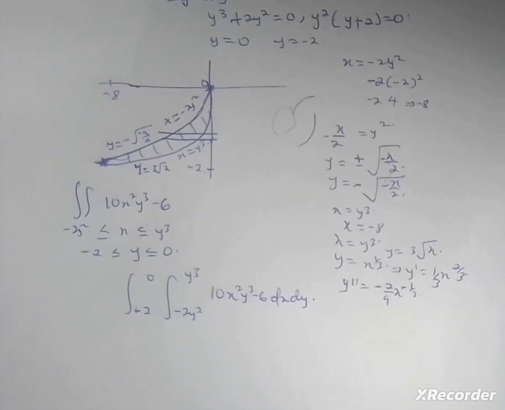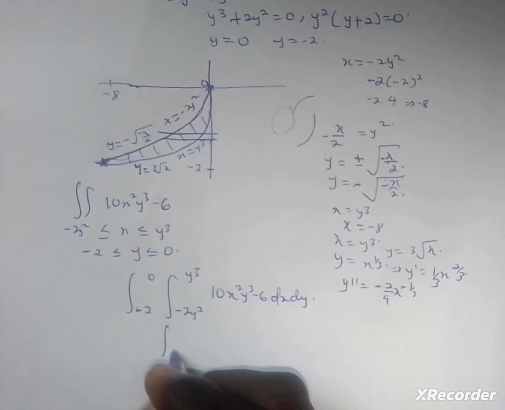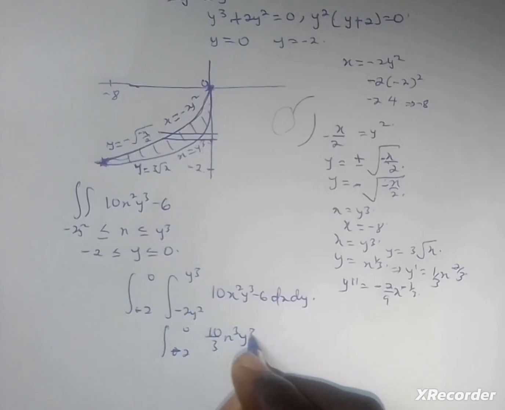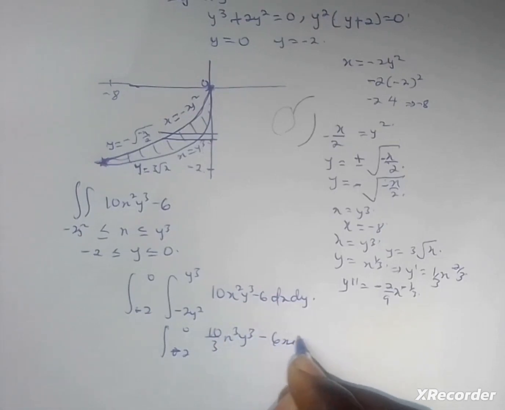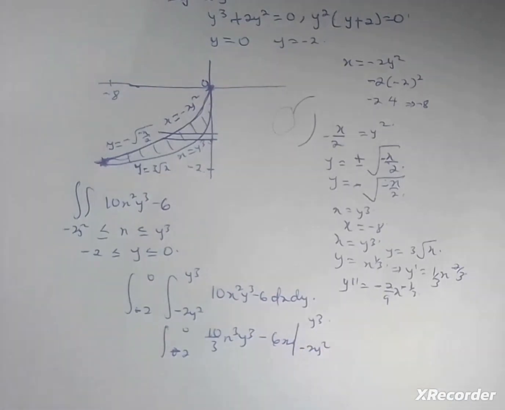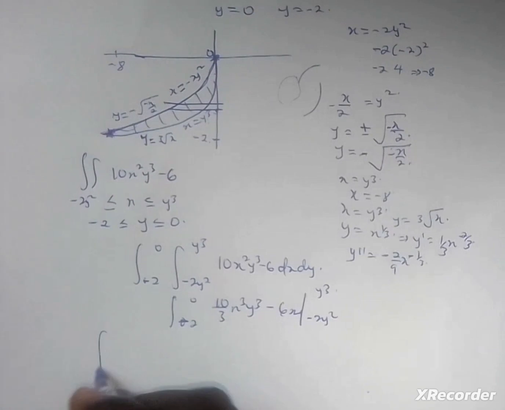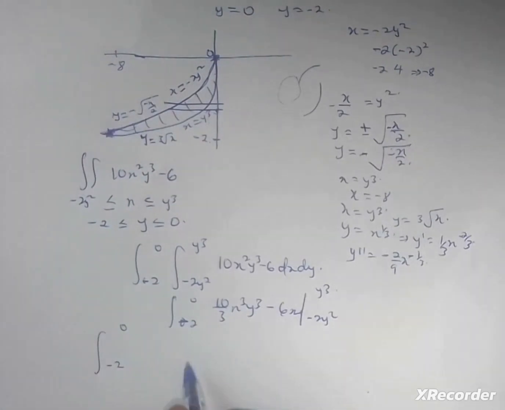Once we have this, we just integrate our inner integral, negative 2 to 0. This is going to give me 10 on 3 x cubed y cubed minus 6x. Then I bring my bar, negative 2y squared, then y cubed. So y cubed will enter first. When y cubed enters, wherever I see x, I'll put y cubed.